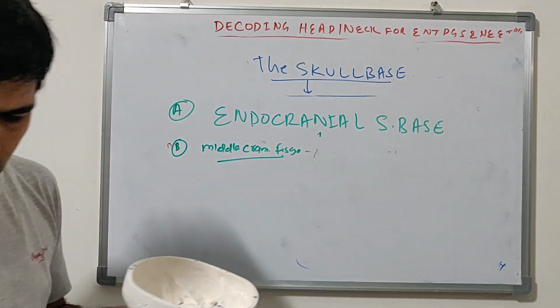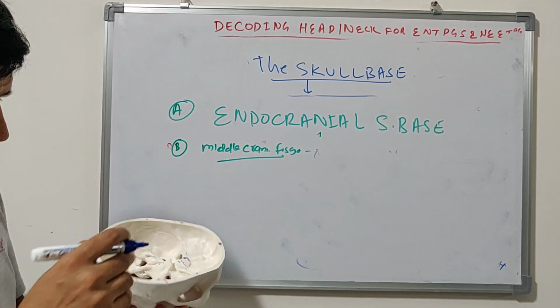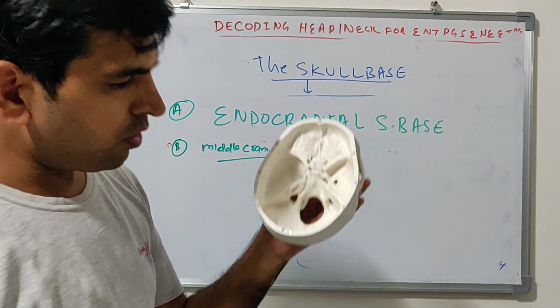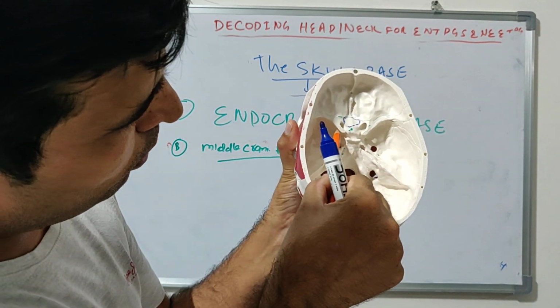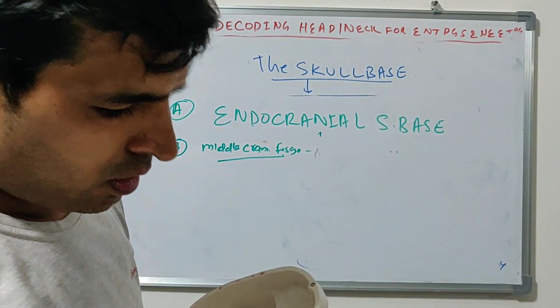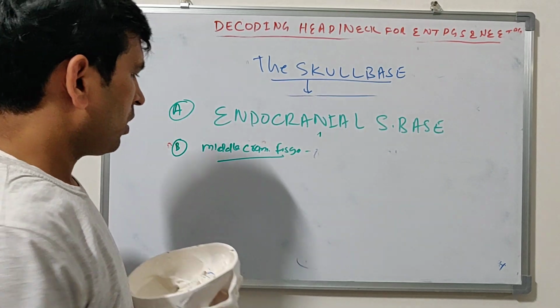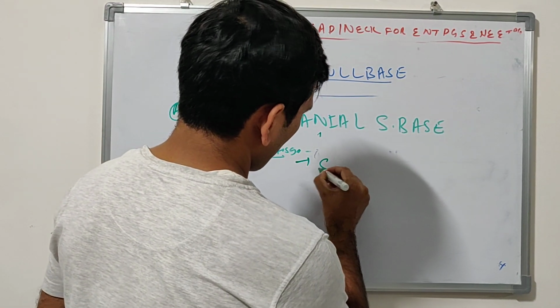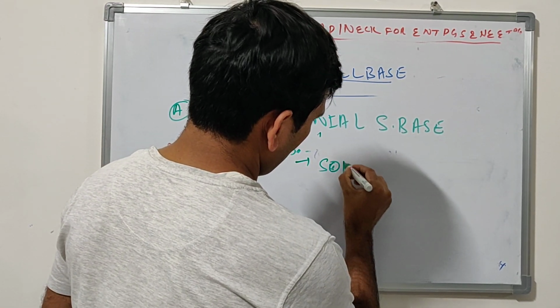Below this and lateral to this you find the superior orbital fissure. Now the structures passing through the superior orbital fissure.